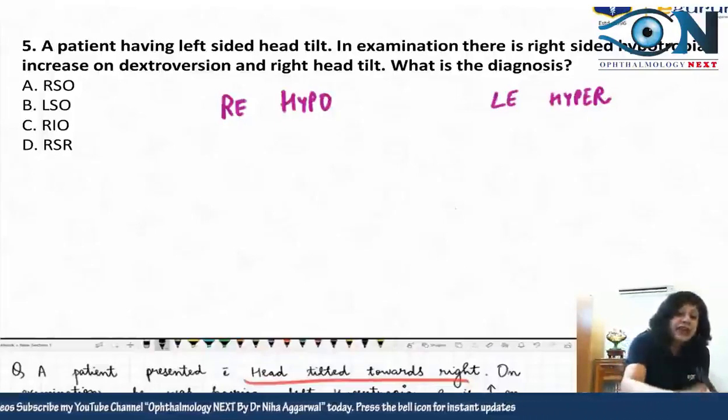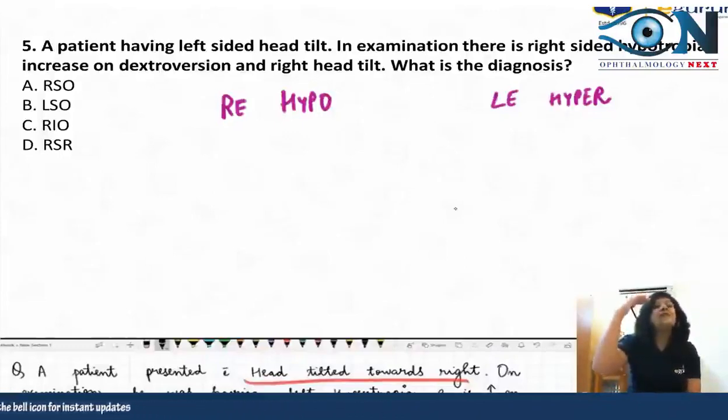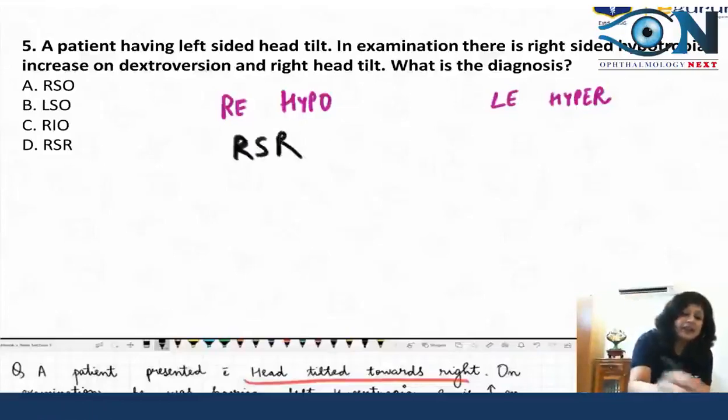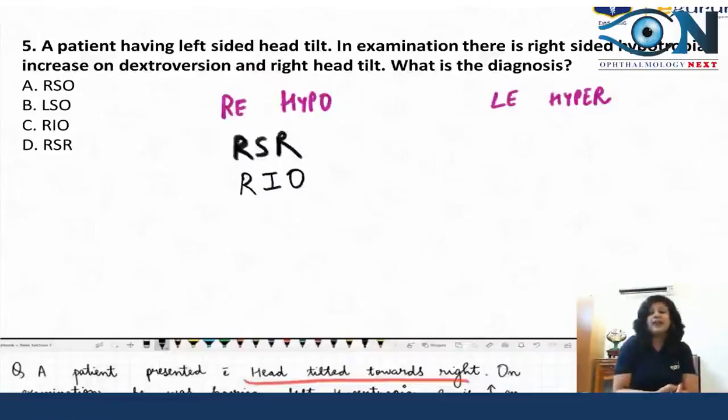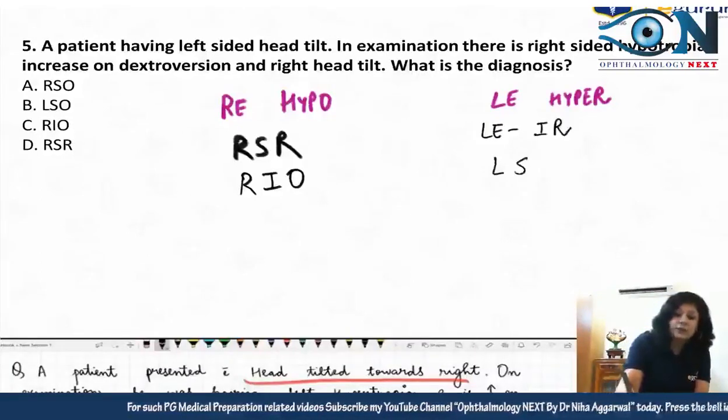So if I say that there is a right eye hypotropia, that means elevators have paralyzed. So right eye superior rectus can be paralyzed, or the right eye inferior oblique can be paralyzed. If I'm saying left eye hyper, that means depressors of the left eye have undergone paralysis. So I can have the left eye inferior rectus, or I can have left superior oblique.